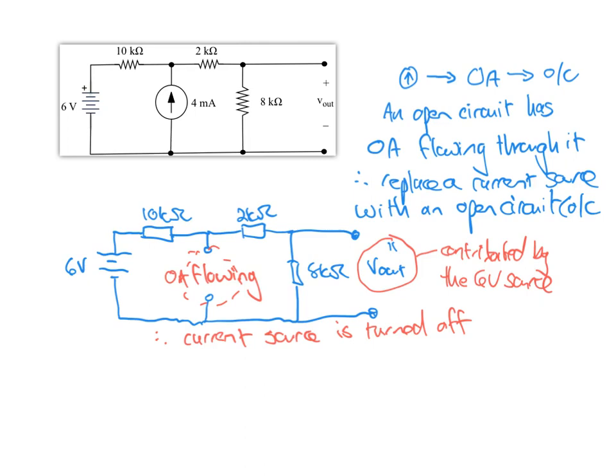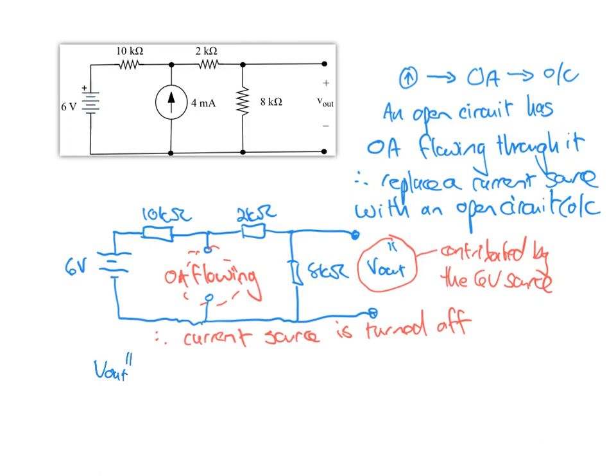Now you can see that this 10 kilo ohm resistor and the 2 kilo ohm resistor are in series. So what we have here is a simple voltage divider where the voltage is dividing across this 12 kilo ohms and the 8 kilo ohms. So we can calculate V out double dashed by using the voltage divider equation.